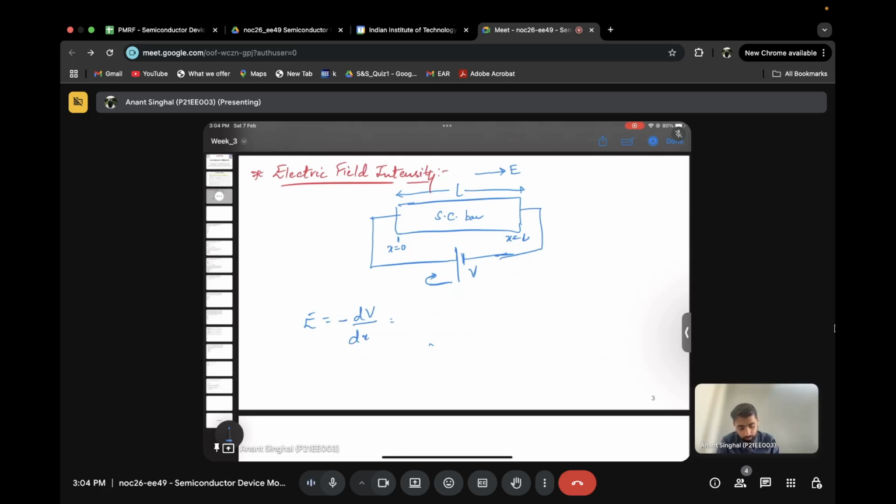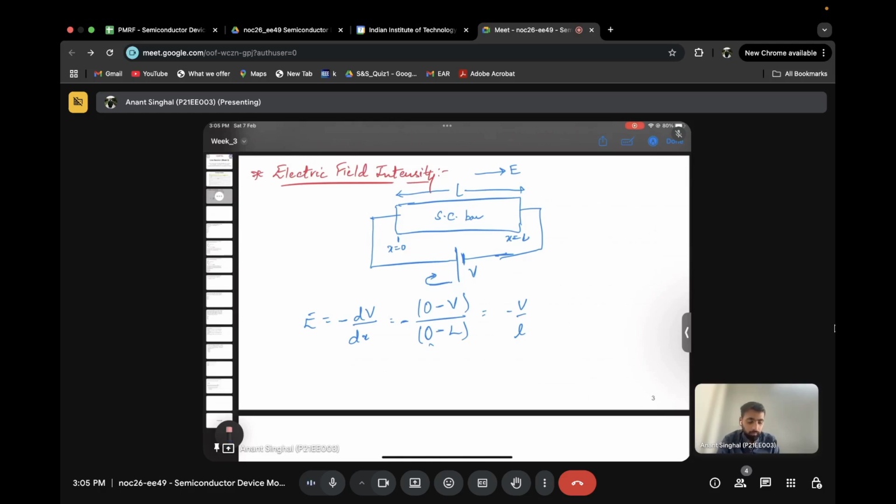For this particular example, at x equals 0 we have a voltage of 0, and at x equals L we have a voltage of V. If I try to solve it, this would come out to be minus V by L. So this, with respect to this particular example only, the change in voltage with respect to the position is what we call the electric field.